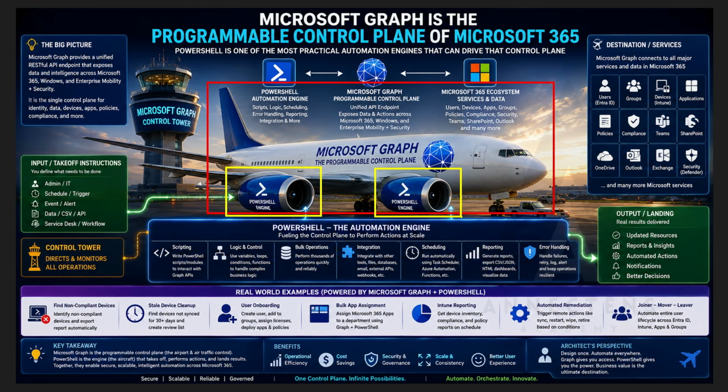You have Entra ID, Defender, Exchange, Microsoft Teams, SharePoint, and Windows Autopilot. As a human administrator, it's not efficiently possible to manage all of this by clicking through the portal, right? That's why we require a programmable interface through which we can simplify things.